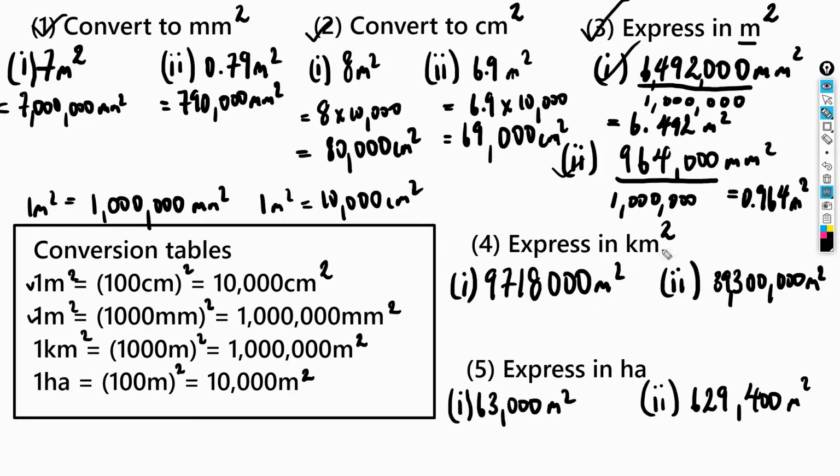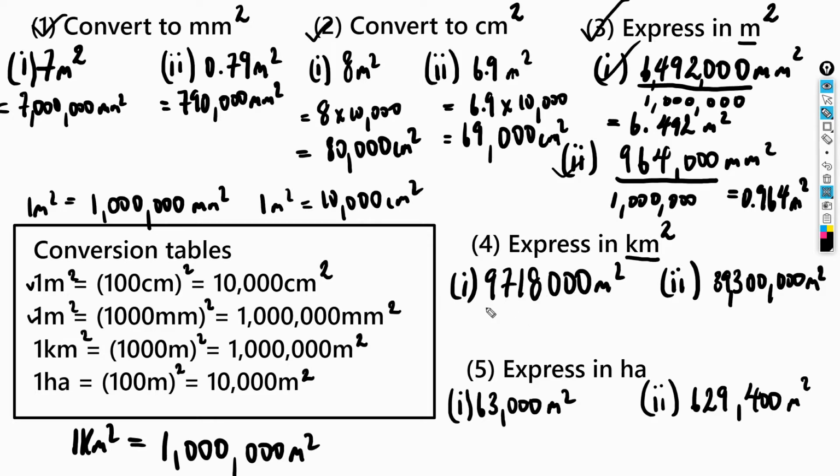Now let's express this in kilometers squared, and we have 9,708,000 meters squared. Cool. But if we look at this example, we need to express this in kilometers squared. But we know that 1 kilometer squared is equal to 1 million meters squared, right?